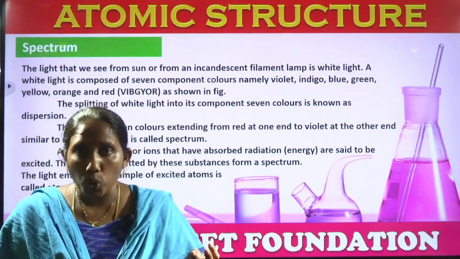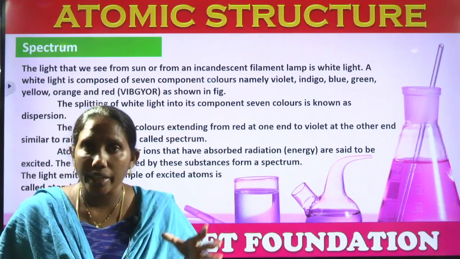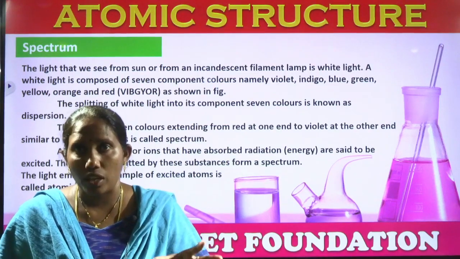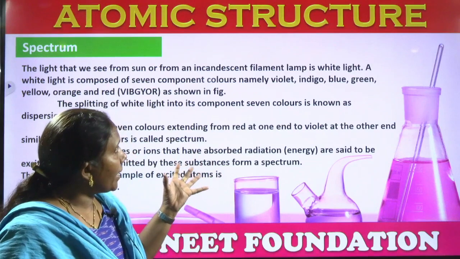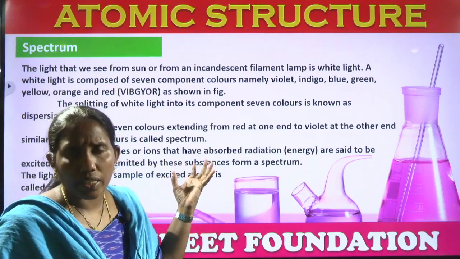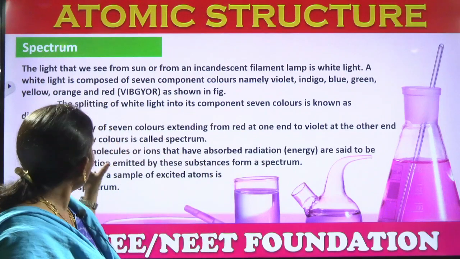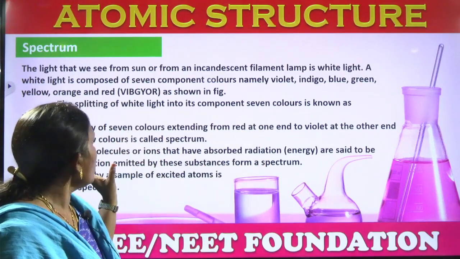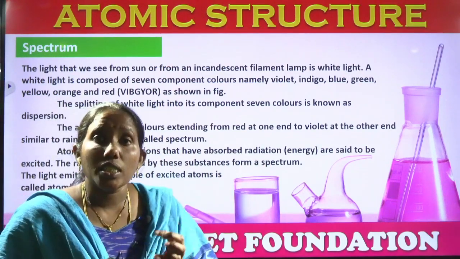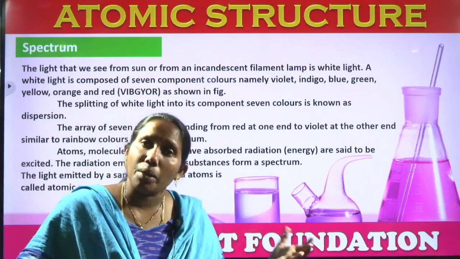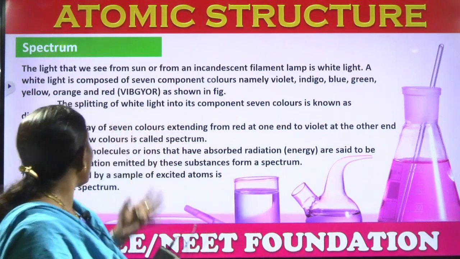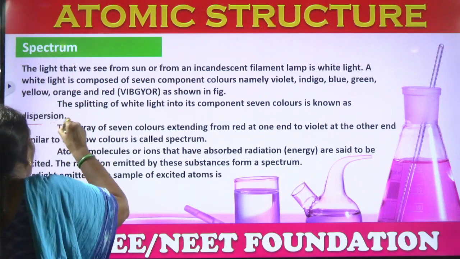Violet, indigo, blue, green, yellow, orange, red. So we are able to see different types of colors in that VIBGYOR form. This white light splitting into different types of colors is nothing but said to be dispersion.